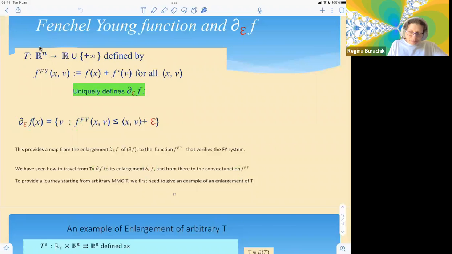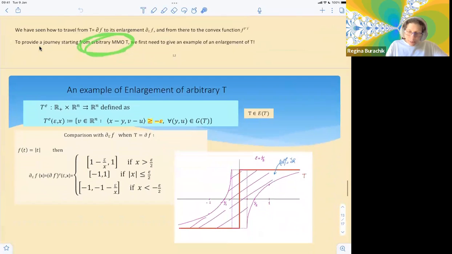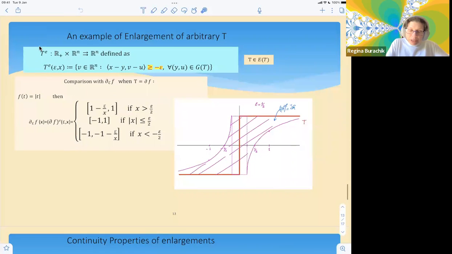Now we want to perform a similar journey, but instead of starting with the subdifferential, you start from an arbitrary maximally monotone operator T, right? And then we give an example of an enlargement of an arbitrary maximally monotone operator T, which I have shown you before, where if you had 0 here, then this would be exactly equal to T of x.